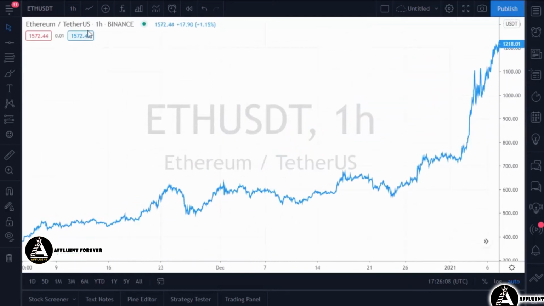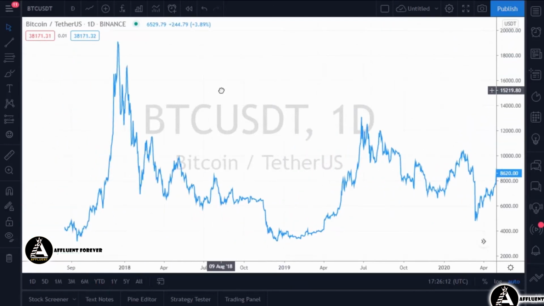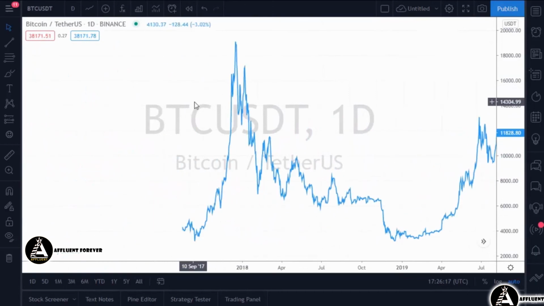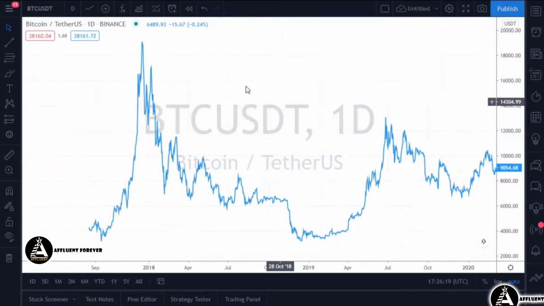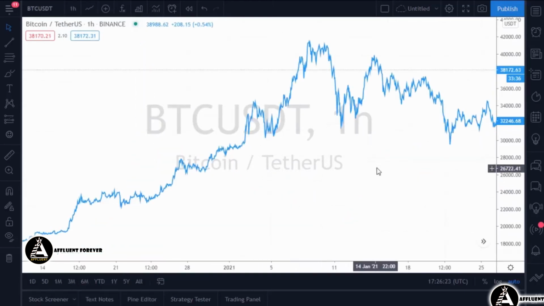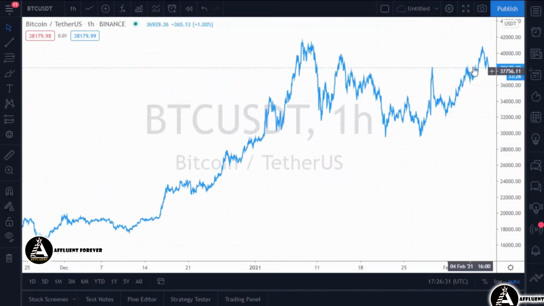is, so when you get the 61.8 broken to the downside, not always, but typically that's a bad sign. So I'll pull up an hourly chart of Bitcoin, and you can see that we do kind of follow the trend all along.